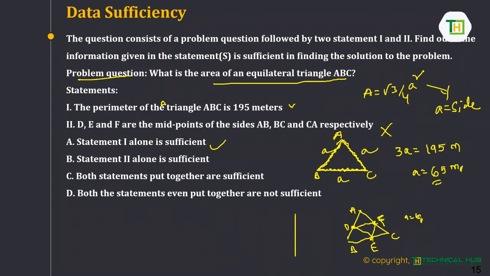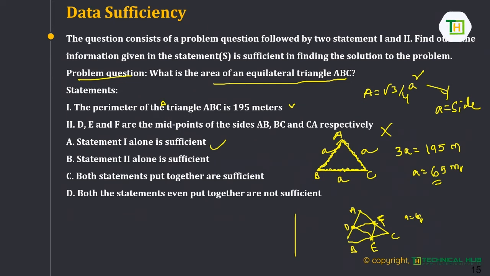So many students have doubts: using statement one, find the side of the equilateral triangle, and then add the second statement. We add statement two only when statement one is not sufficient to answer the problem question. Once statement one is sufficient, we do not add statement two.